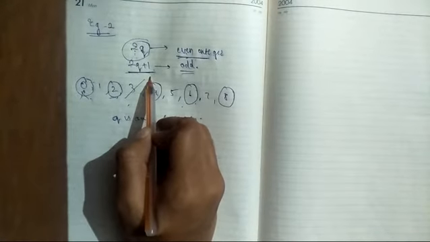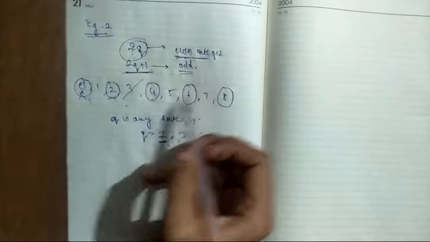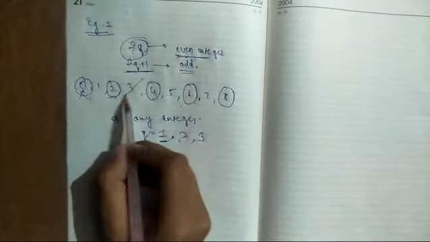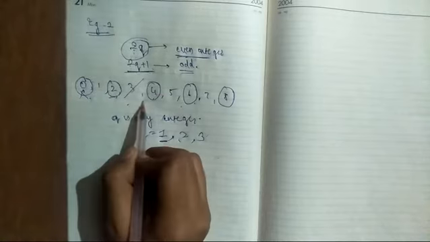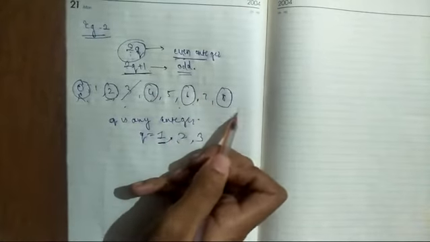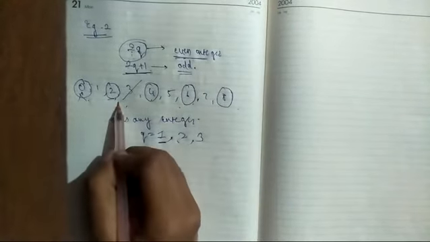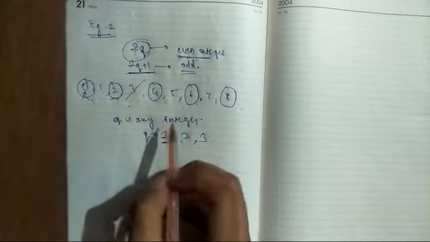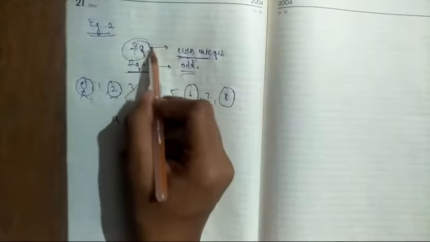Let us first revise basic even and odd integers. Let's start from 1 2 3 4 5 6 7 8. These are integers, and I have circled the even integers. Here q is any integer.